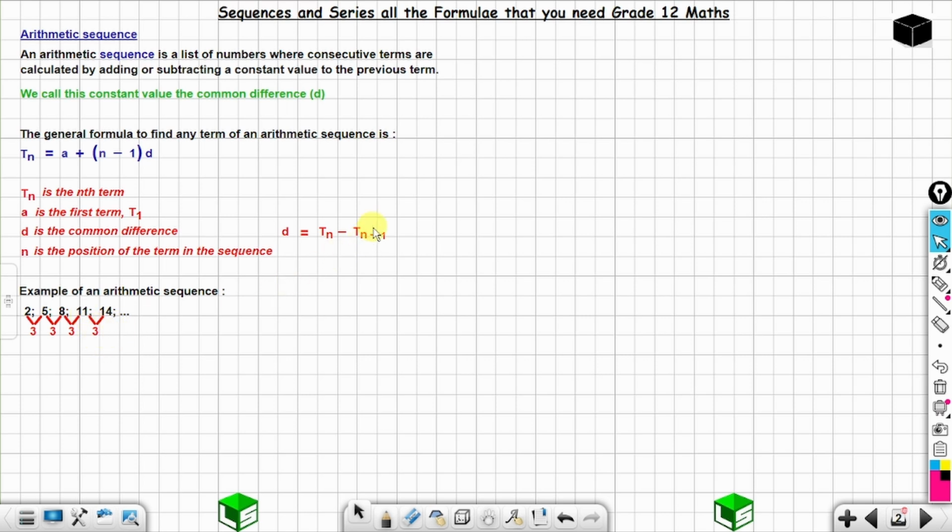So you always take the next term minus the previous term, Tn minus Tn-1. This is your common difference.